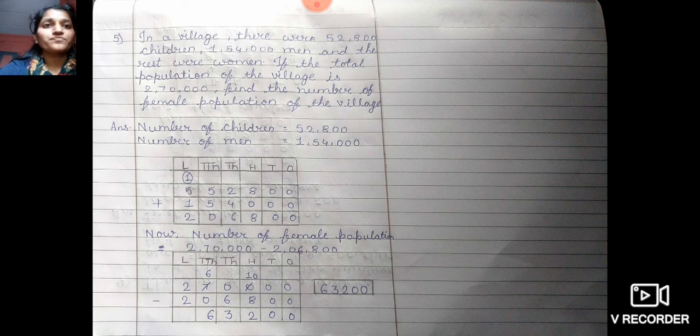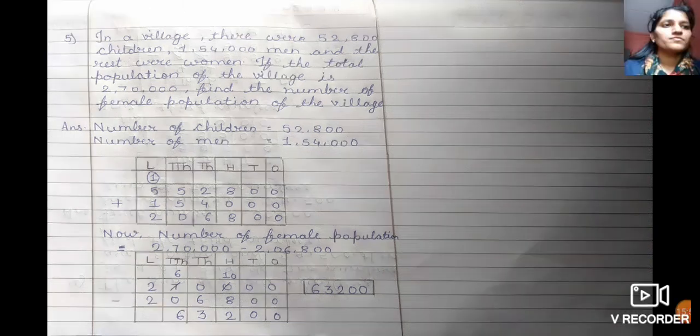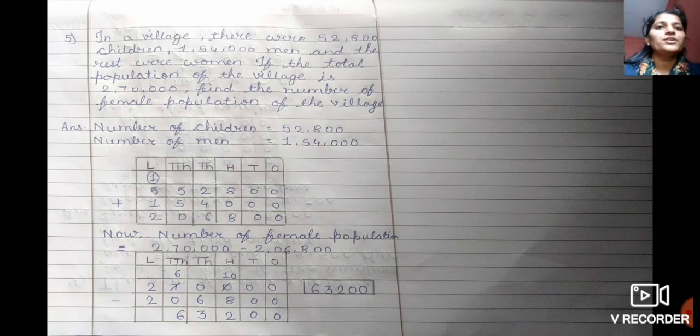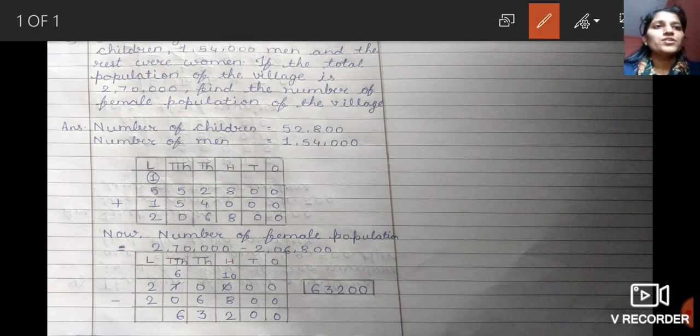Now here you can see that I have added the number of children and the number of men. So here you can see that I have added 52,800 plus 1,54,000. Here the 5 you are not supposed to write, it was by mistake.